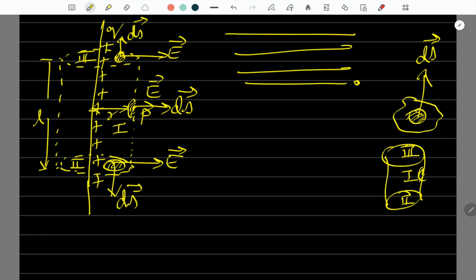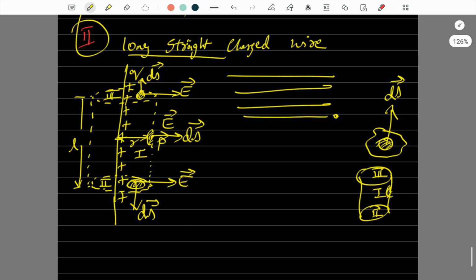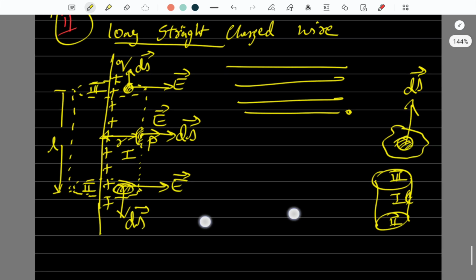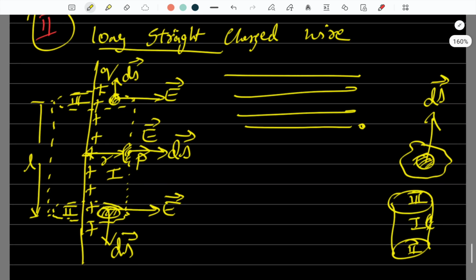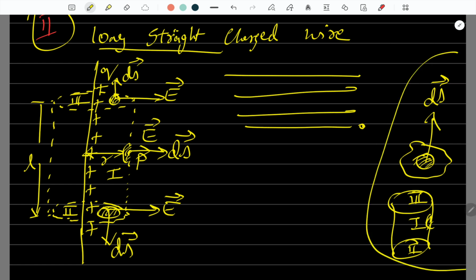We have already written the initial explanation. I hope you have understood it. Let me reiterate once more so that you get clarity. You need not write all this in your exam. Only this part that I am explaining is what you write. So the initial explanation, as I have already told you: consider a long infinitely charged wire with, let us say, charge q. Let point p be at a distance small r from the wire where the electric field must be found.